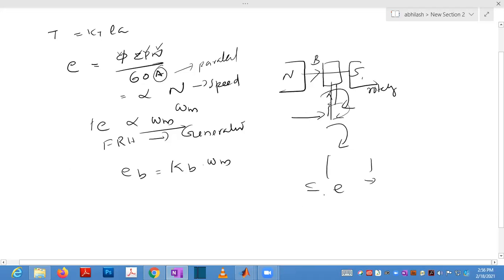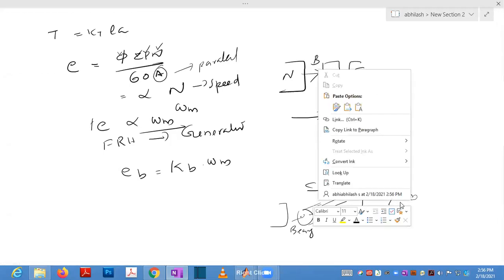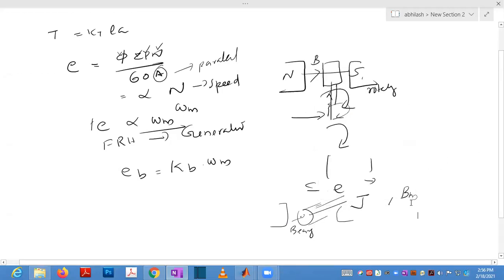And this motor has a rotor, and the rotor is supported by bearings. The rotor has a moment of inertia J, and it is held in a bearing having Bm.